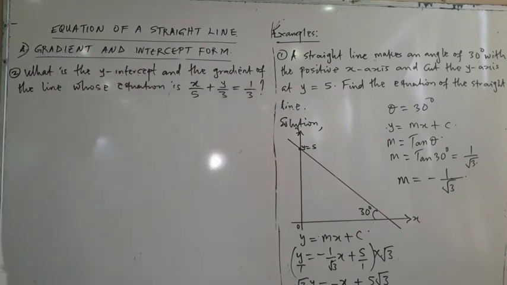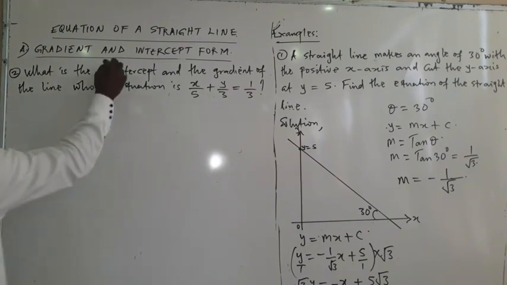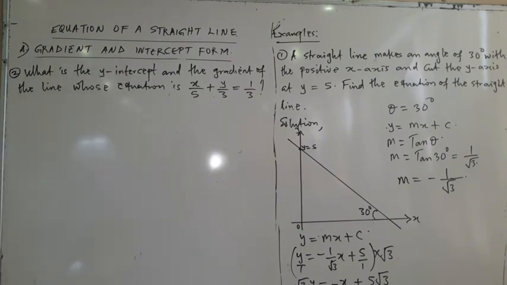So the question says, what is the y-intercept and the gradient of the line whose equation is x over 5 plus y over 3 equals 1 over 3.